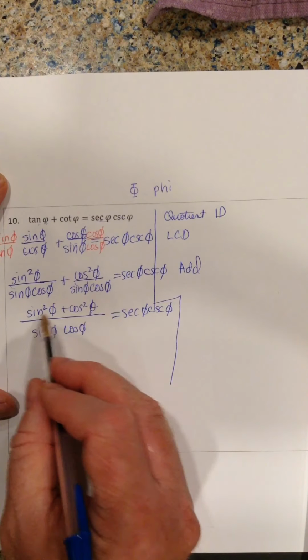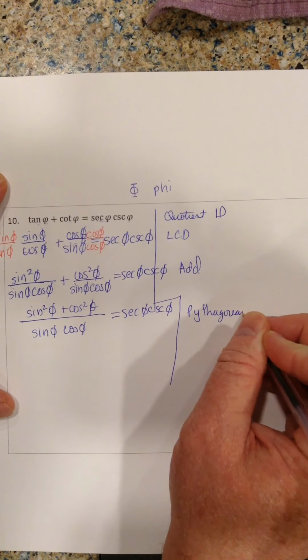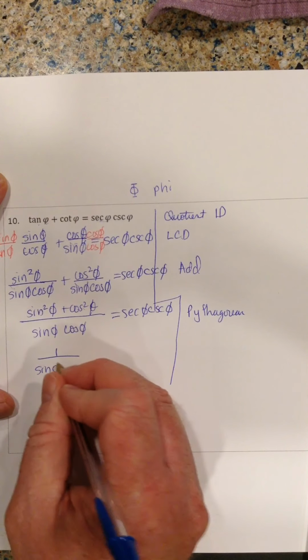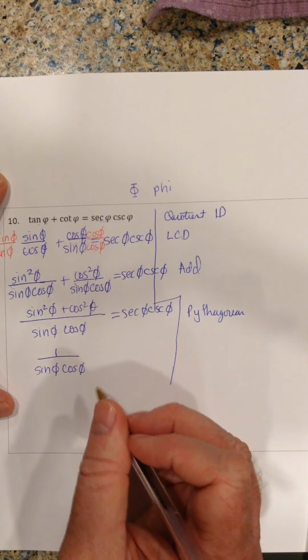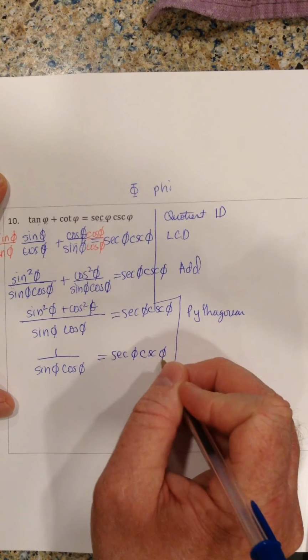Okay, now, oh, that's a Pythagorean identity. Hot dog. Sine squared plus cosine squared is 1, equals secant of phi cosecant of phi.